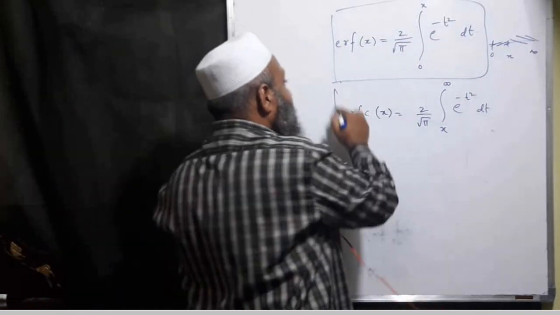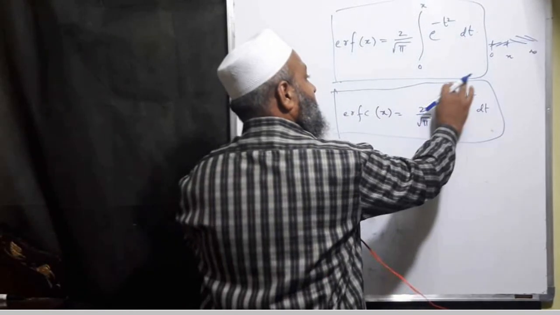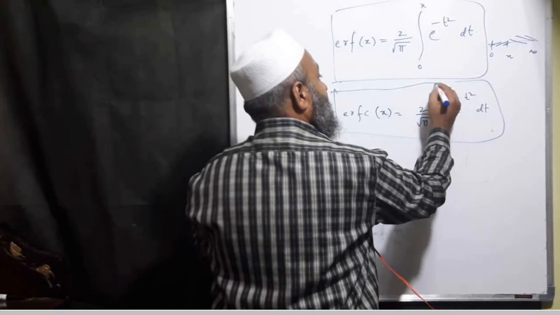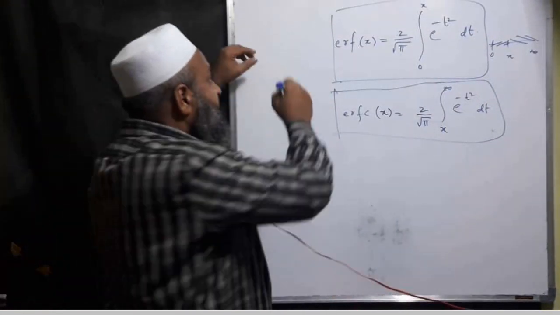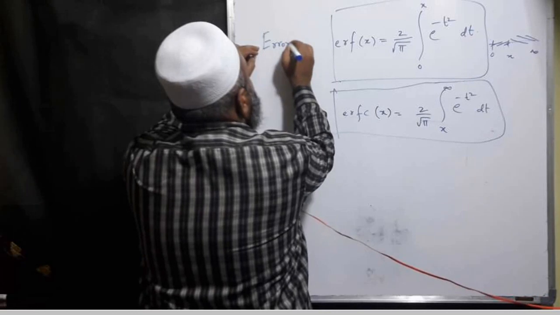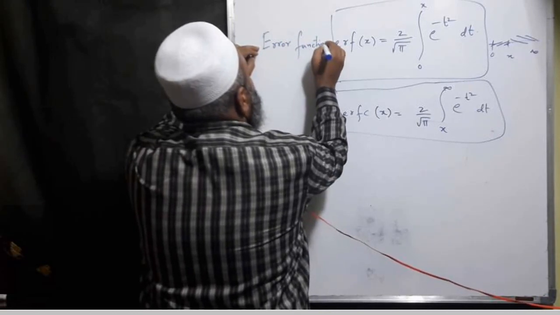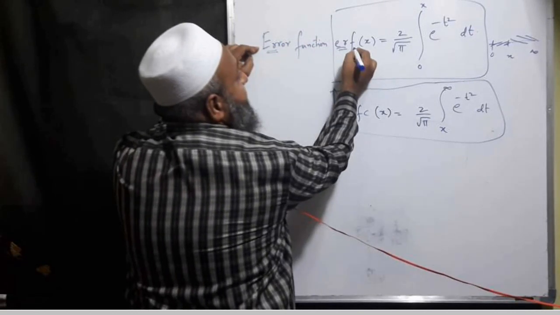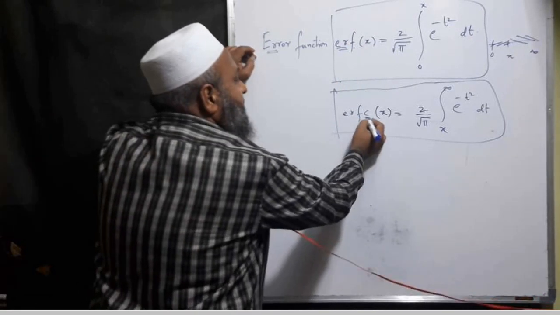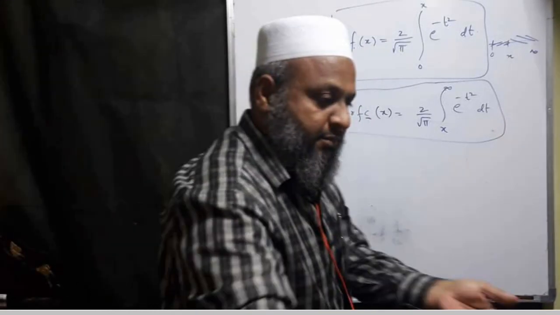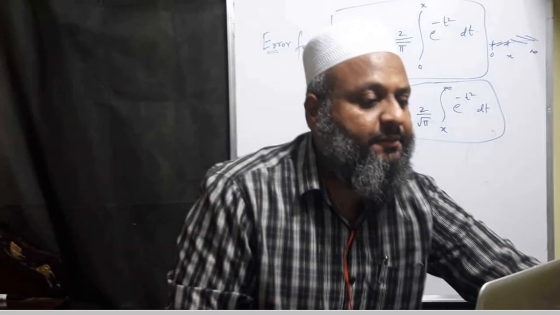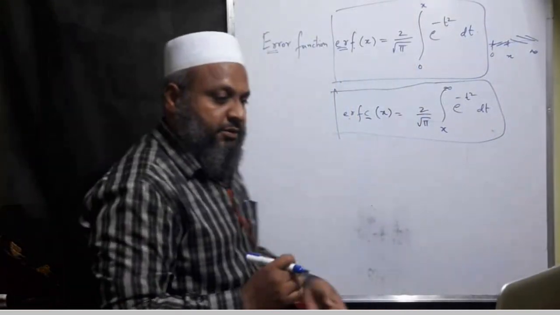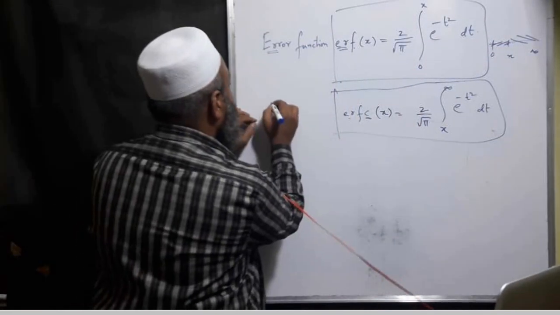Now this is the definition of the complementary error function. This is the error function: ER for error, F for function. Now this is the complementary error function.